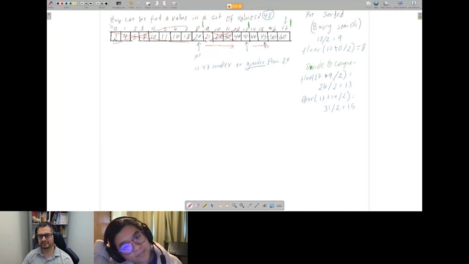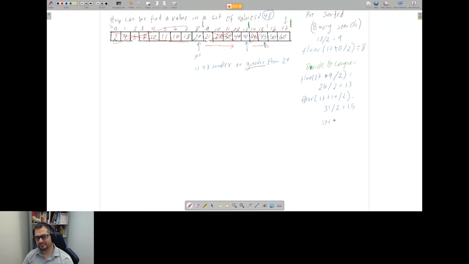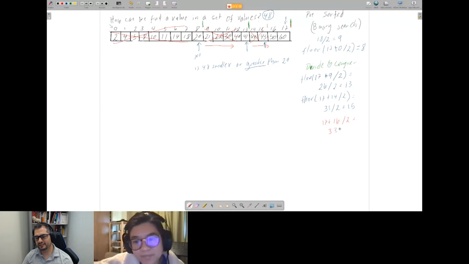And is it 48? It is not again. So then we discard this side, and now we look in here. We do the same thing: 17 plus 16 over 2, that is 33 over 2, that is 16.